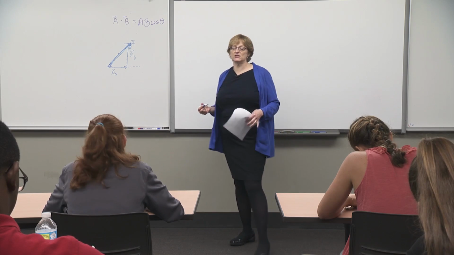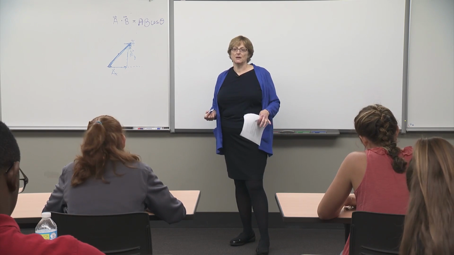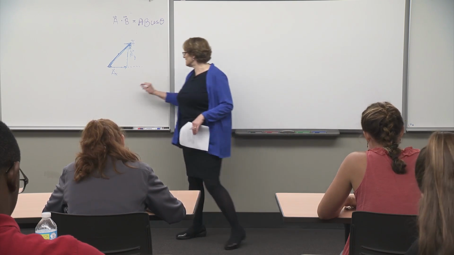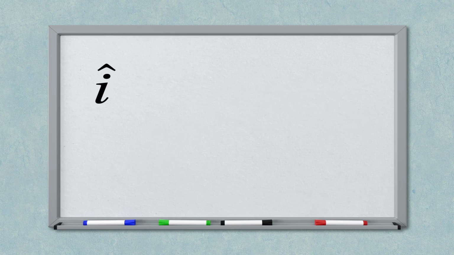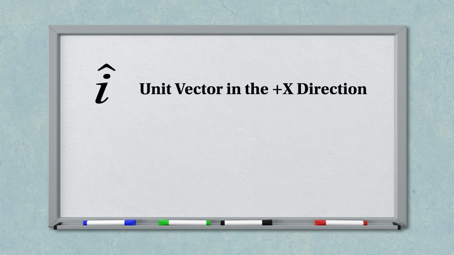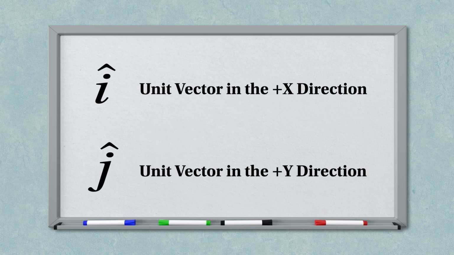This is where it's convenient to introduce unit vectors. We commonly use the notation I with a little hat to mean a unit vector in the plus X direction. J is a unit vector in the plus Y direction.